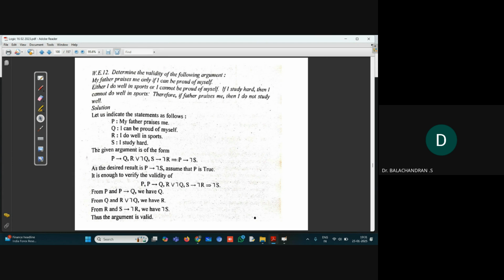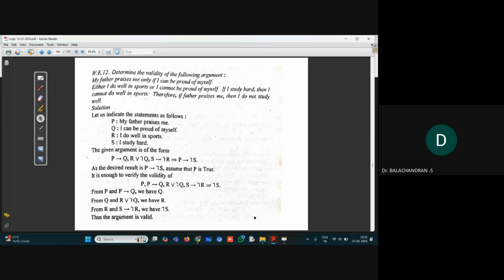Again, I'll repeat rule CP. If the conclusion is of the form A implies B, you should assume A as an additional premise, and using A and the given premises, try to get B. Then you can get A implies B from the given premises alone. So that is rule CP.